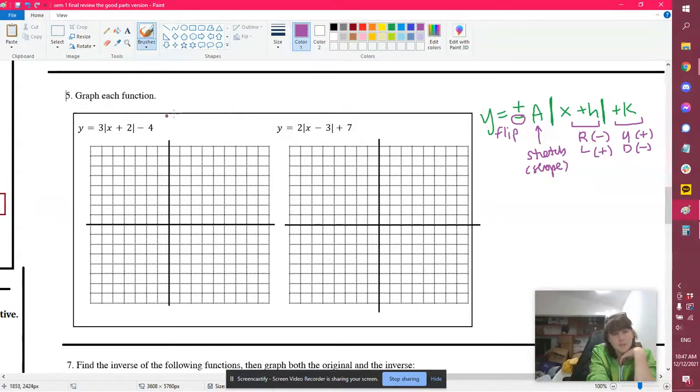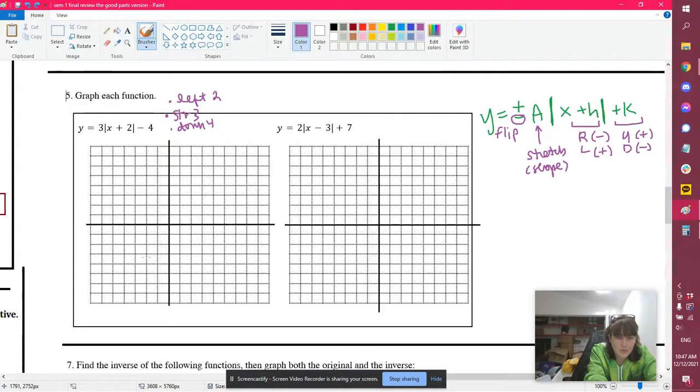So here, the slope is now 3 and -3. We're moving down by 4 because this number on the back is negative. And we're moving left by 2 because this number in the middle is positive. I'm graphing an absolute value function that's moved left by 2 and down 4.